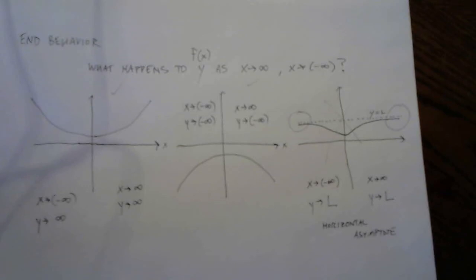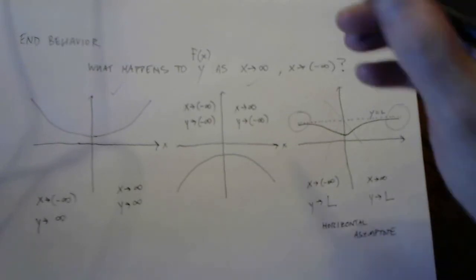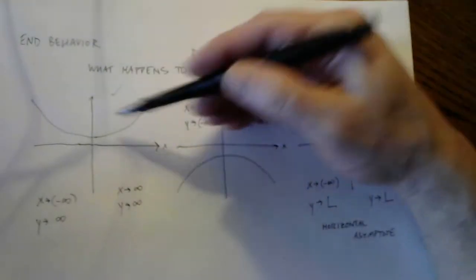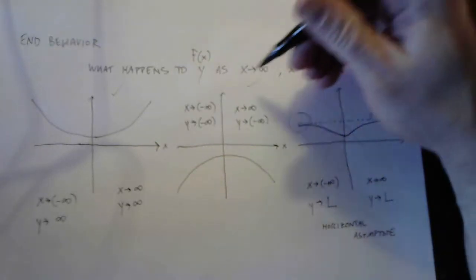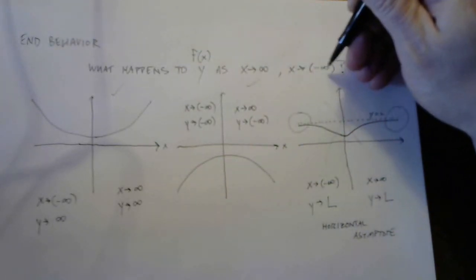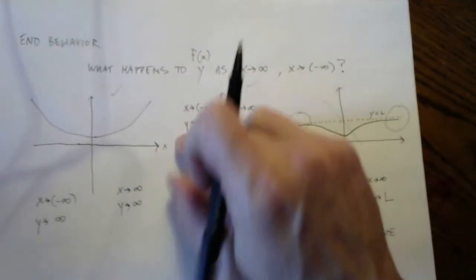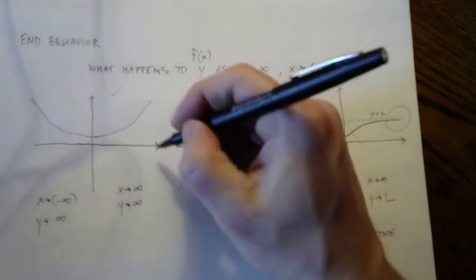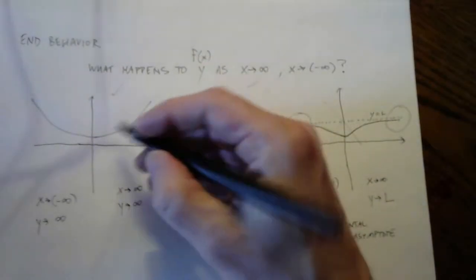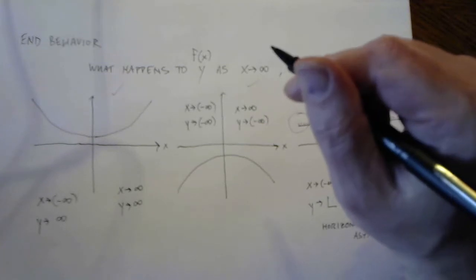And I would advise, if you want, pause it, write this down. What's end behavior? End behavior answers the question of what's happening to y as x goes to infinity and negative infinity. And what that means is what's happening in this direction as we go way out to the right or way out to the left, however you want to describe that.